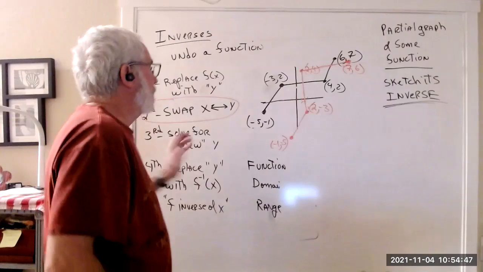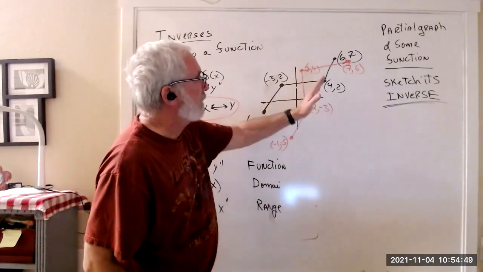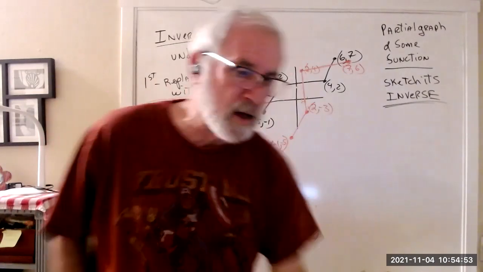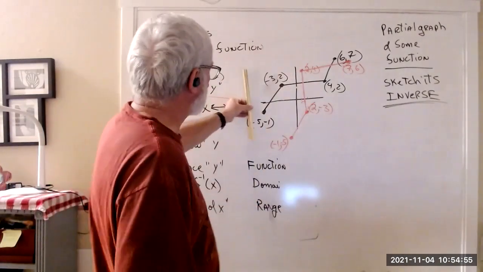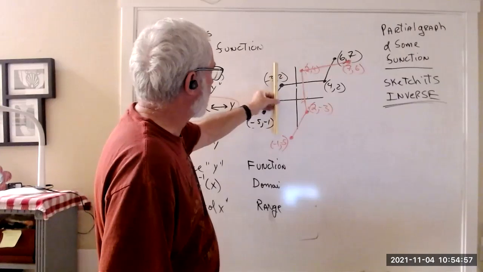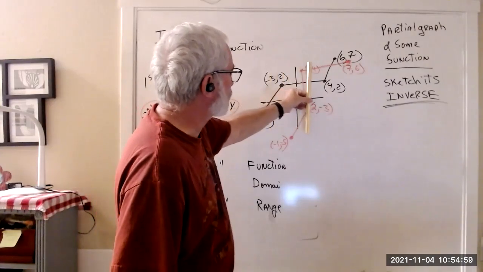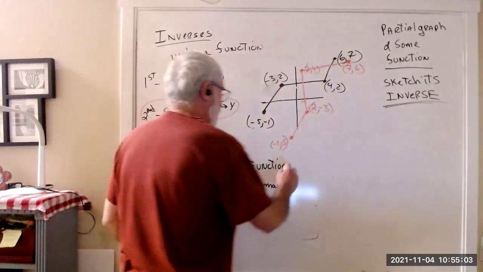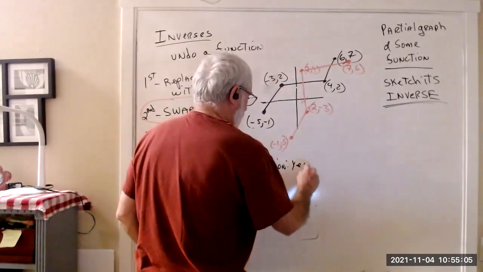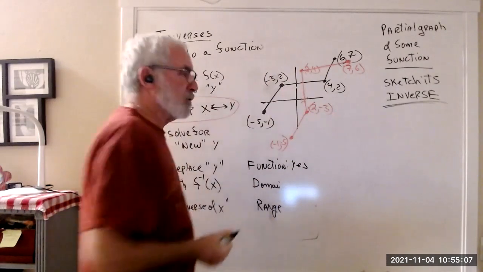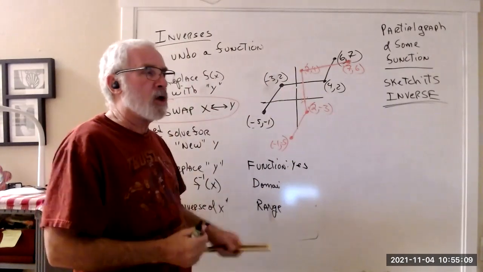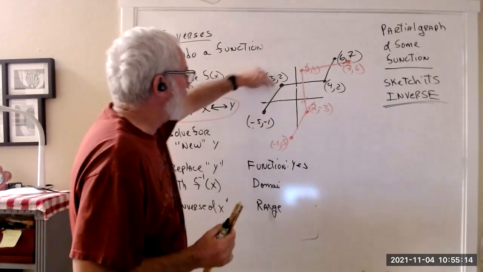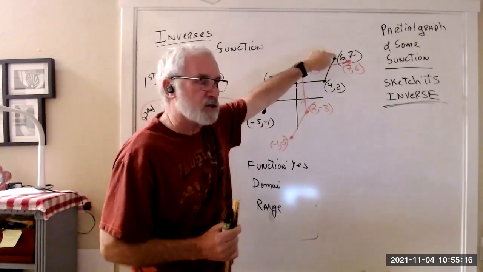So is the black graph, the original one, a function? Yeah, it is. Good. Easiest way is to take your vertical line and it only hits one point at a time on the black graph. So yes, it's a function. Now, the domain means all of the X's. Now, be very careful. It's not just the endpoints of the X's.